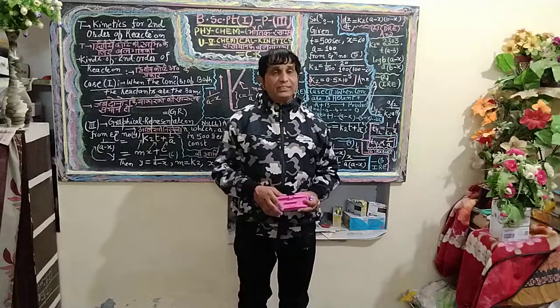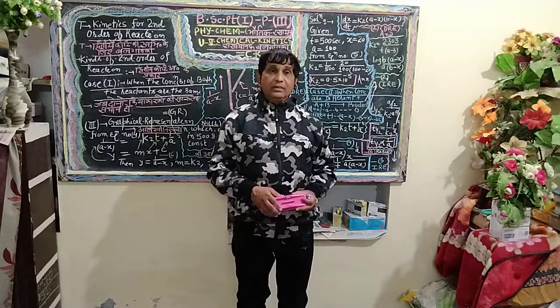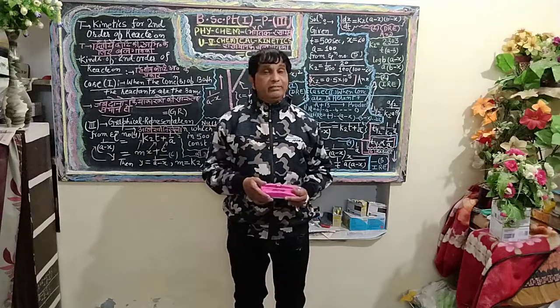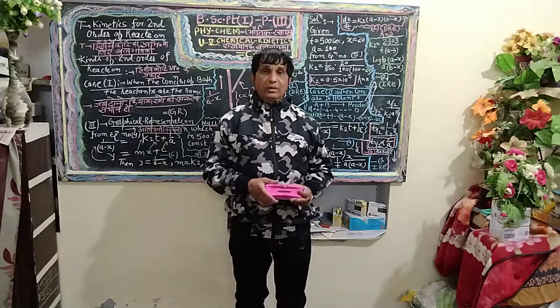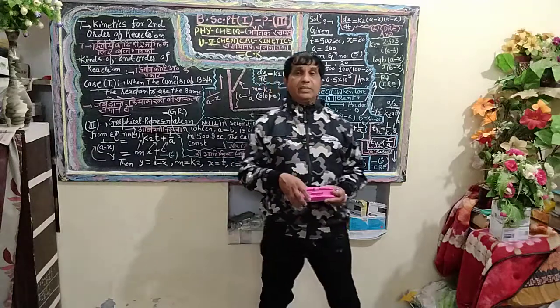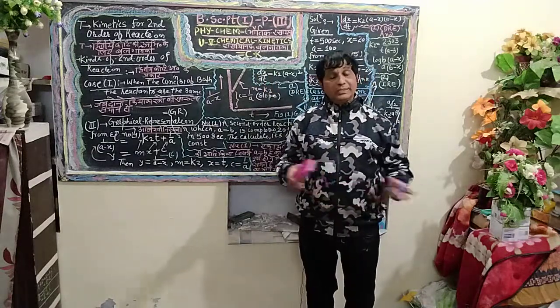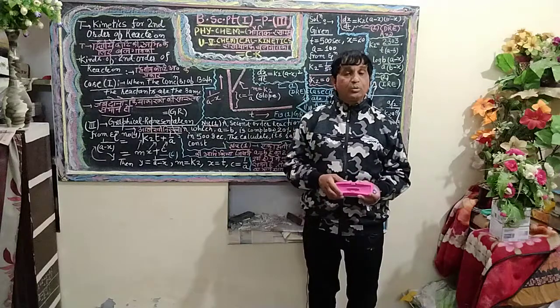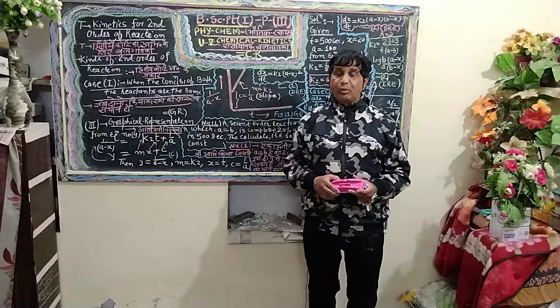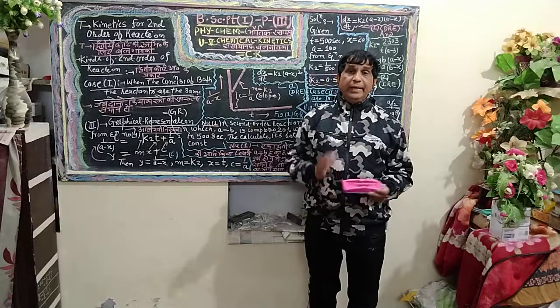But today it is the turn to derive the kinetics for case 1, in which we are taking the same concentration of both reactants, A and A, to produce products.